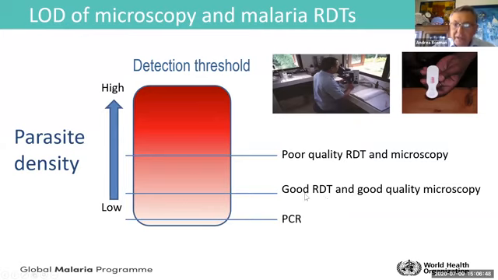So a good quality RDT or a good quality microscopist can detect this level of parasitemia. PCR at the moment is maybe good for molecular-based studies, like on transmission, which are done for research, for very specific needs, but not for clinical management of malaria.